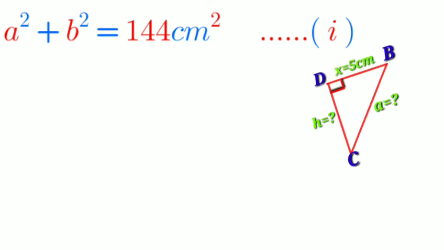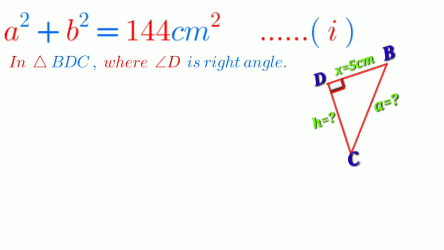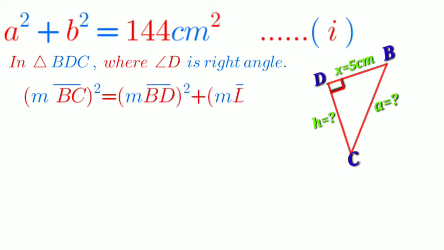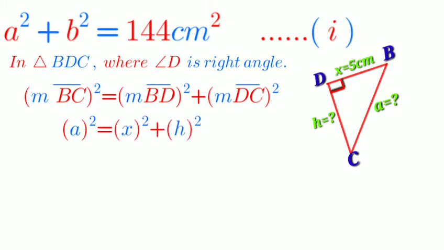Again we take another triangle BDC, where angle D is a right angle. By using the Pythagoras theorem, side BC square is equal to side BD square plus side DC square. It can also be written as A square is equal to X square plus H square.